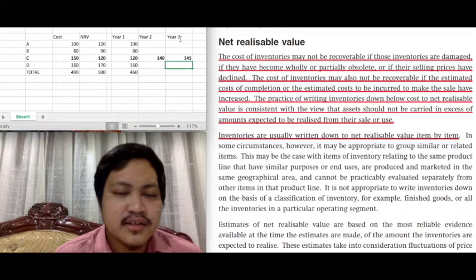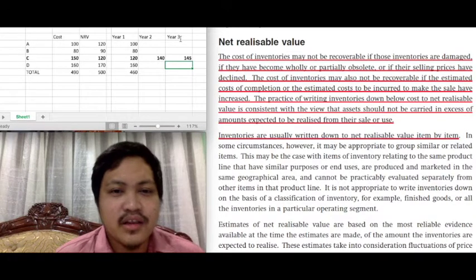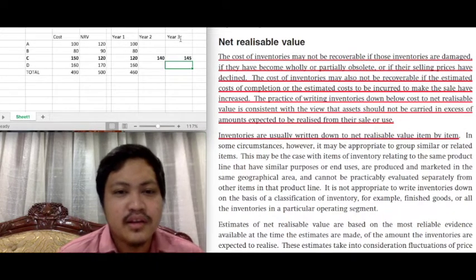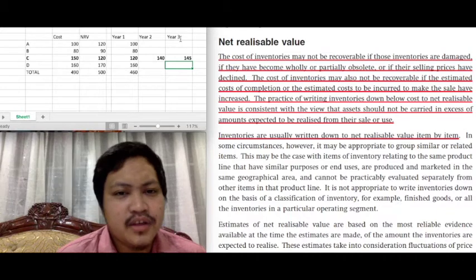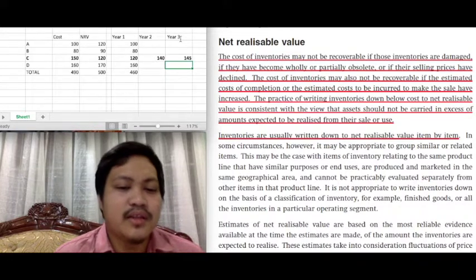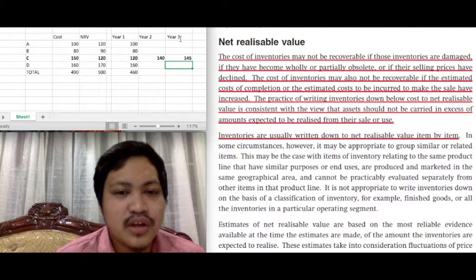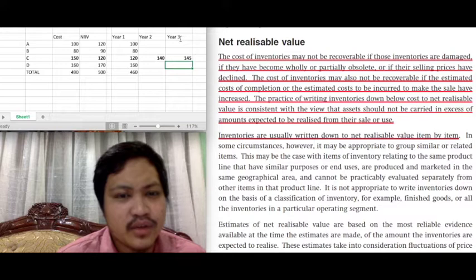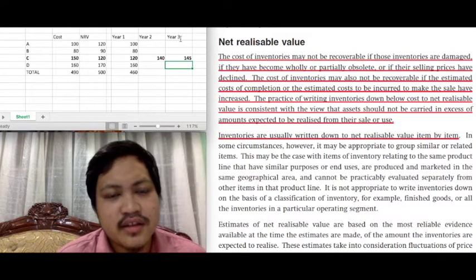Then you would ask, didn't we already reverse the loss on inventory write-down in year 2? Why are we still doing that in year 3? That's technically correct. But if you'll realize, class, the amount of loss that we have reversed in year 2 was only 20,000. And how much was the loss on inventory write-down that was recognized in year 1, class?